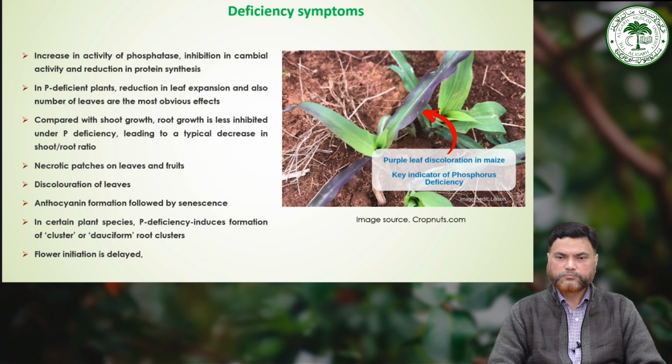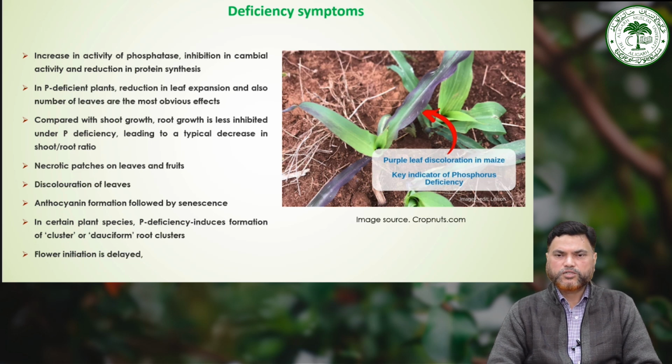So in some plant species, it has been noticed that there is a formation of specialized root structures called proteoid or dauciform root clusters, which generally help the plant to acquire more phosphorus from the soil.